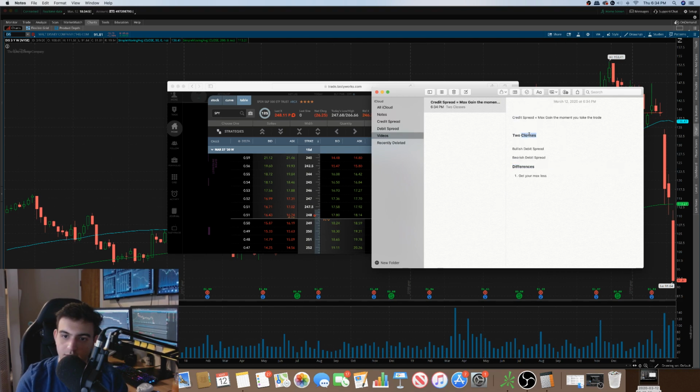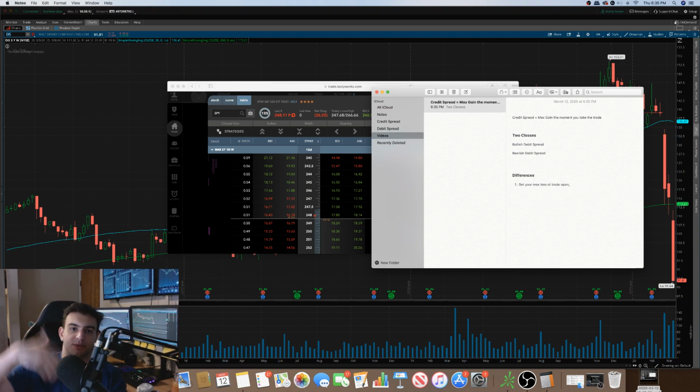So you have your two classes here, the bullish debit spread and the bearish debit spread. And your differences are that you get your max loss at trade open, and you get your max gain at expiration, or your max gain leading into expiration.